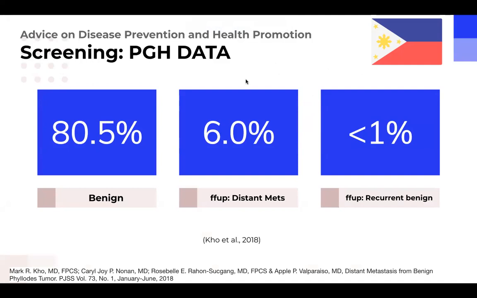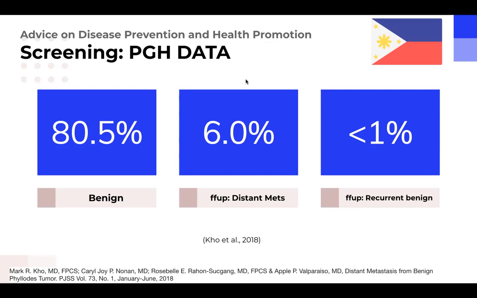They also looked at which among those patients were followed up, and among those who followed up, there were 12 out of the 200, or 6%, who developed distant metastasis, and only one, or 0.62% of the 161 benign tumors, had a recurrence of Phyllodes tumor.